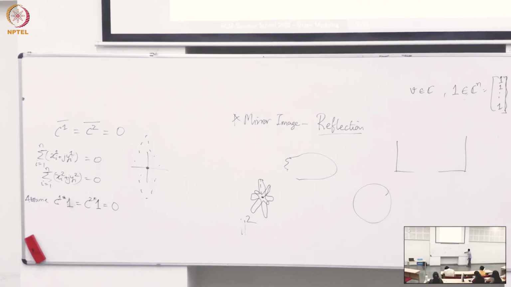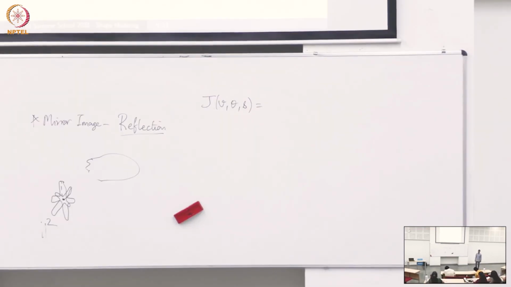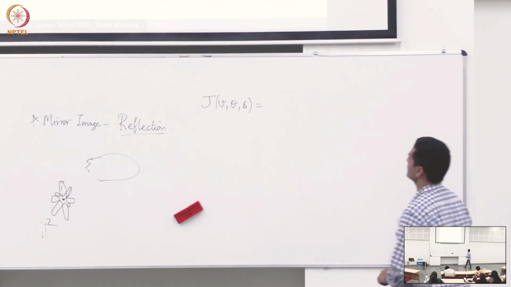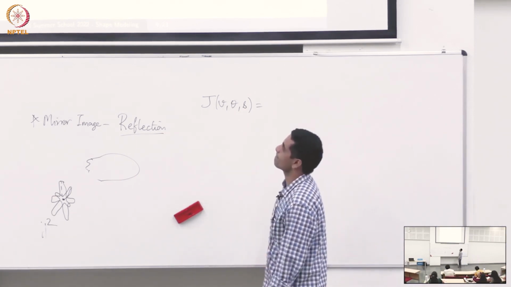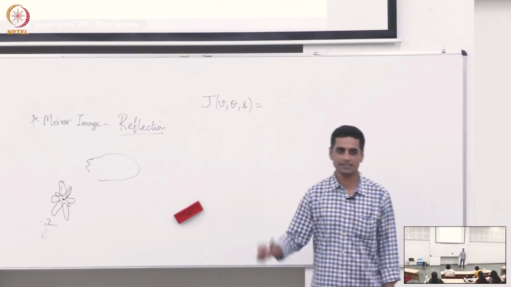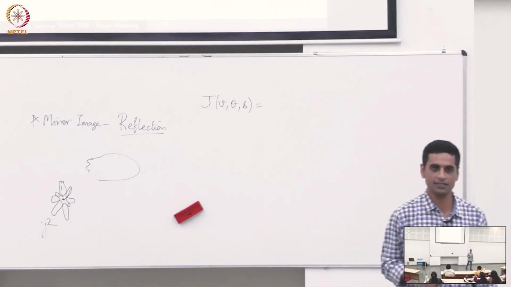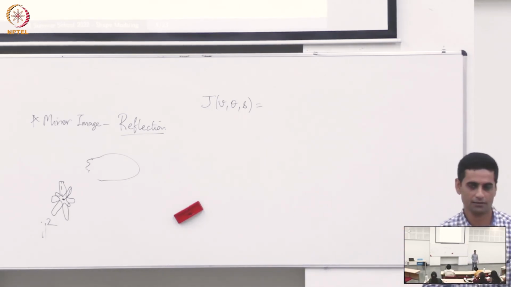So can someone quickly expand that cost function? The definition of norm C squared is just C conjugate transpose C, right?